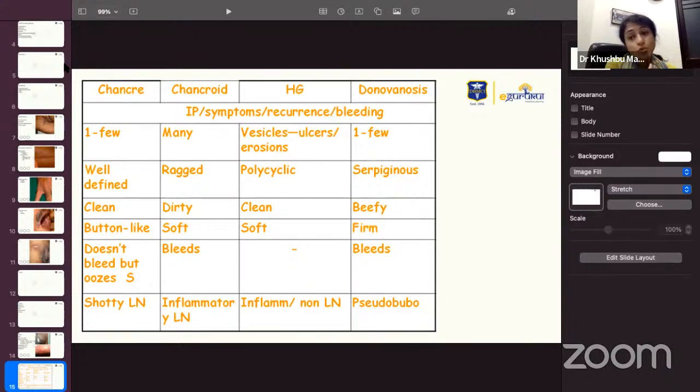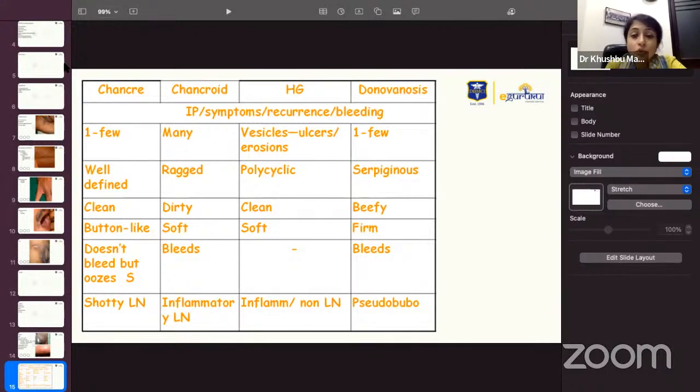Now, in herpes, it also depends on what stage the patient is in. If it's a primary stage, there'll be a lot of constitutional symptoms, a lot of erosions, a lot of lymphadenopathy. Whereas secondary stage or recurrent herpes is less symptomatic. So less erosions, less surface area involved, less pain, less lymphadenopathy, and almost nil constitutional symptoms.